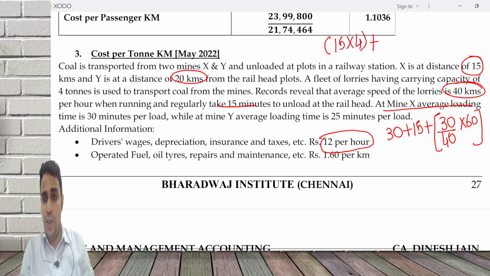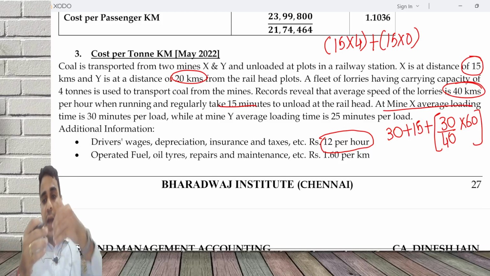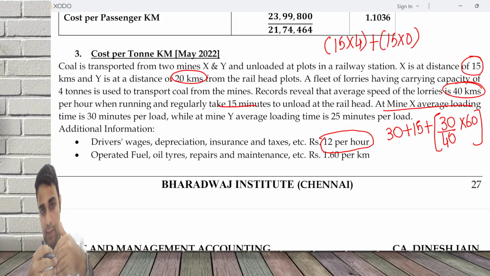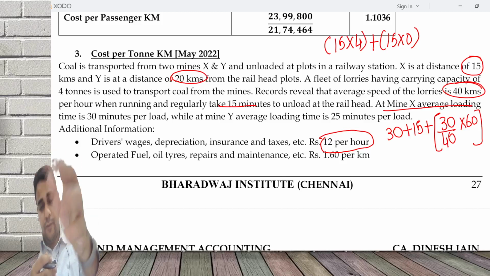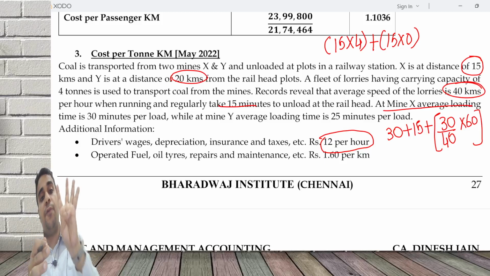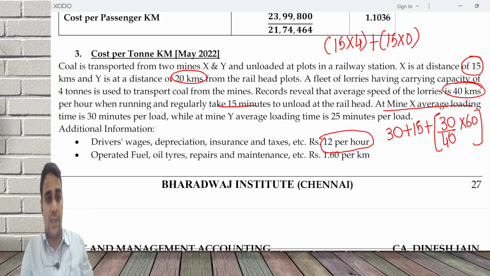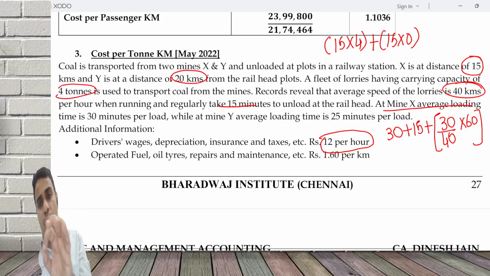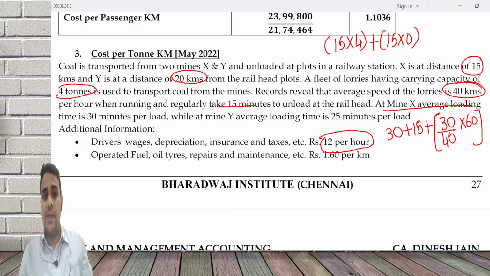And when you are going to the mine, it is 15 kilometers but 0 tons. I start from my plot, go to the mine, 15 kilometers I travel without any weight. Then I come back with 4 tons, because the capacity is 4 tons. So 15 into 4 plus 15 into 0. Similarly, 20 into 4 plus 20 into 0.